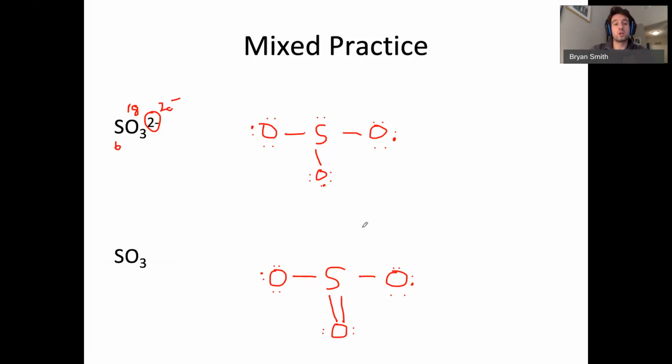What I want you to notice here is by creating a double bond, instead of 3 single bonds, I reduce the total number of electrons from, in this case, 26, because I've got 6 plus 18 plus 2, 26, versus over here, I have 2 fewer, I've got 24.